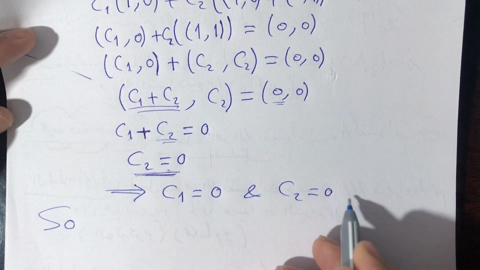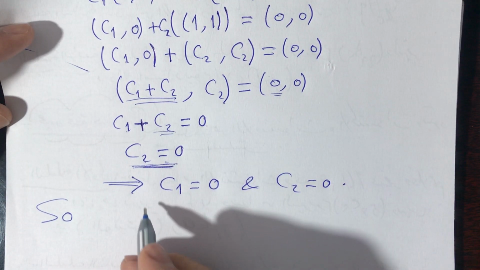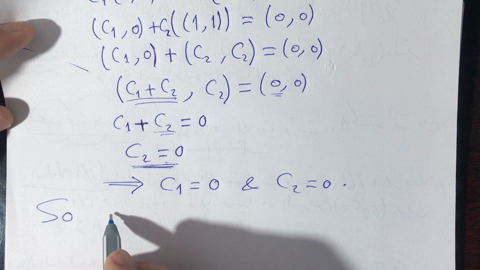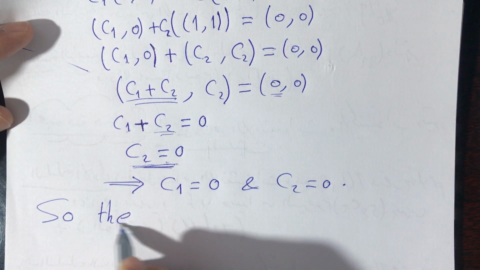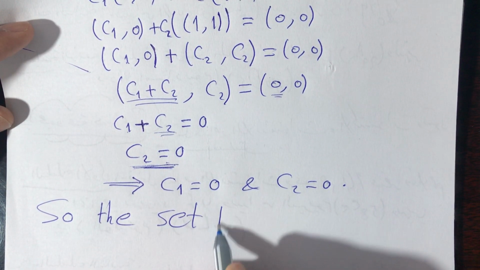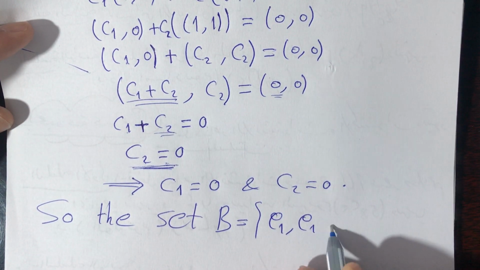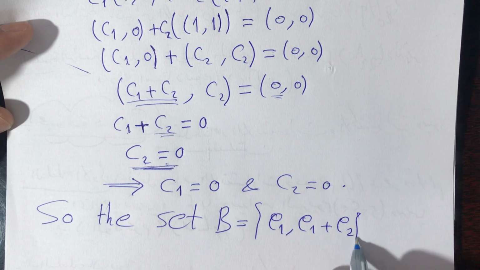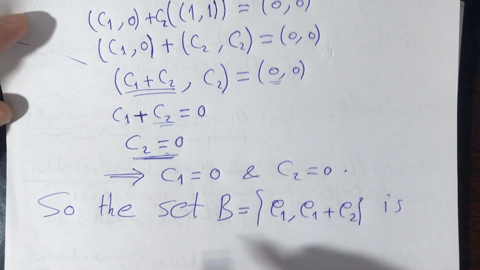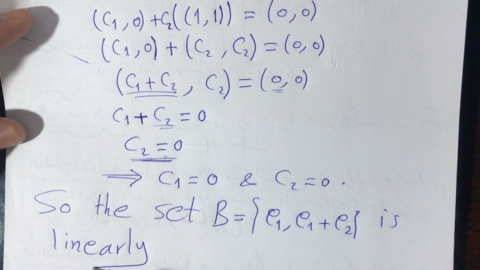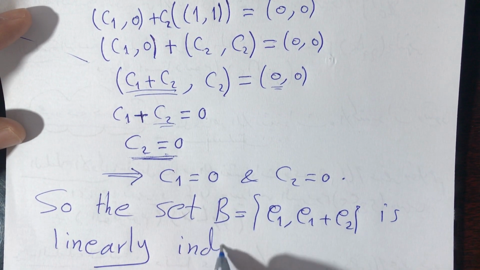So the set B equal to {E1, E2} is linearly independent.